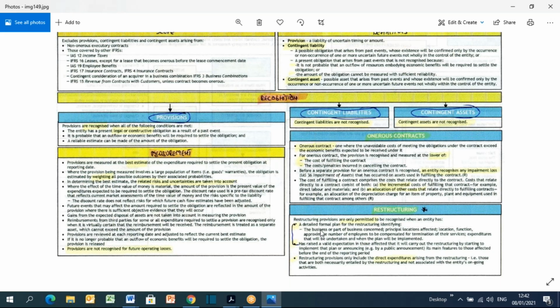When the company has a detailed formal plan for the restructuring, and that plan has at least identified the business or part of the business that is concerned, the location, the function, the number of employees, the amount of money needed to undertake that restructuring, and when the plan is to be implemented. And the company has raised a valid expectation to those affected that it will start the plan as soon as possible.